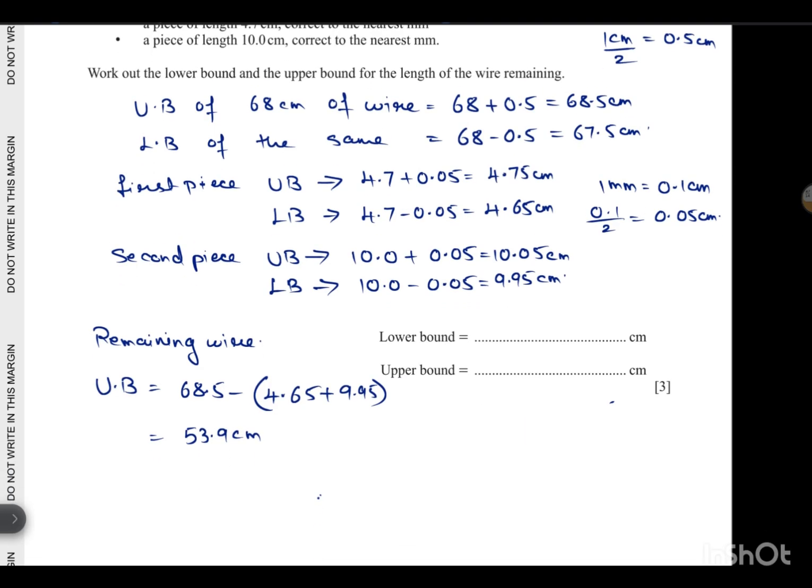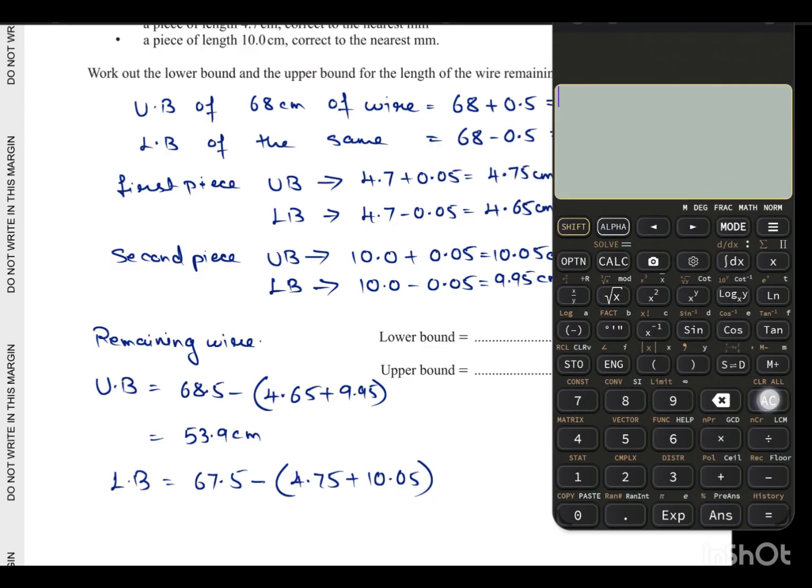Then we'll find out the lower bound. The lower bound is equal to the lower bound of the original wire minus the sum of the upper bounds of the pieces they have cut. So 4.75 plus 10.05.